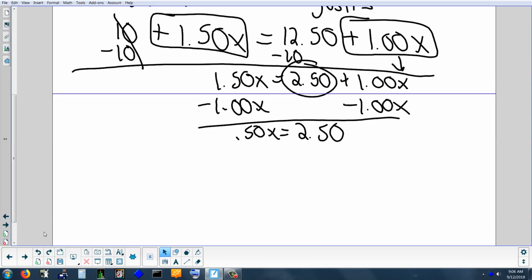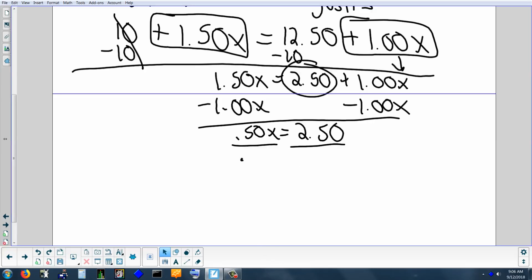One more step. Catherine, what's that last step? I got faith in you, you can do this. You don't have to tell me, just tell me what operation you have to use. Divide. Do you know what number to divide by? 0.50, yeah. I'm going to divide by 0.50. Right? It's not a fraction, it's a decimal. I can still divide by that.